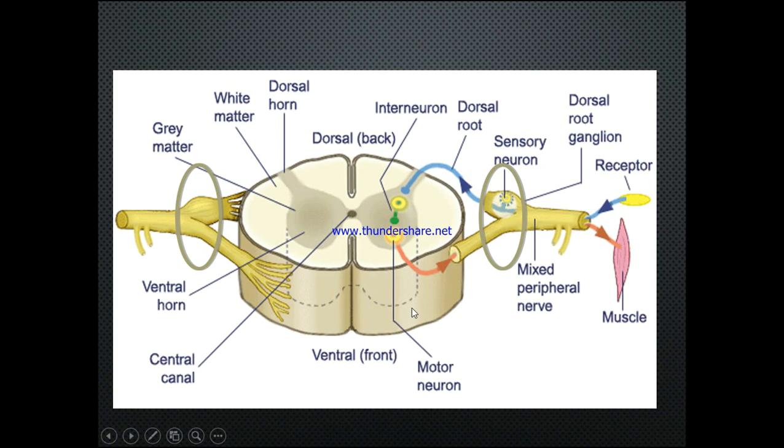So let's just have a quick look at the schematic here and see some of the important features that we're going to consider. Here we can see a mixed spinal nerve, and as we've started to mention, this is a mixture of the dorsal and the ventral root coming together.